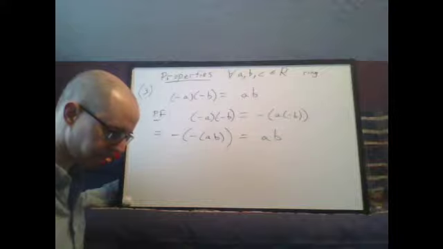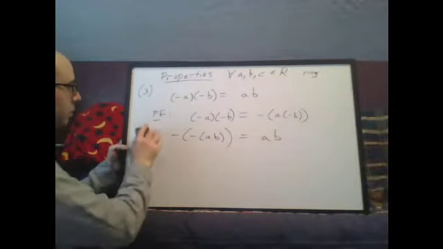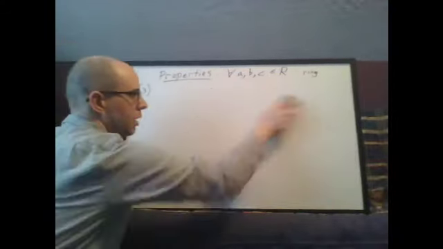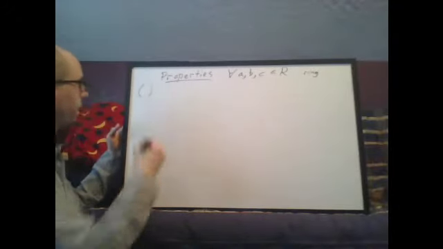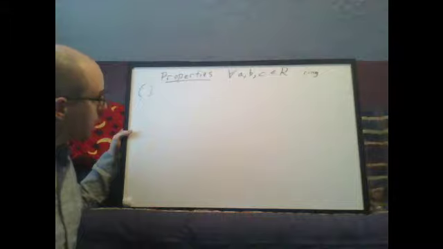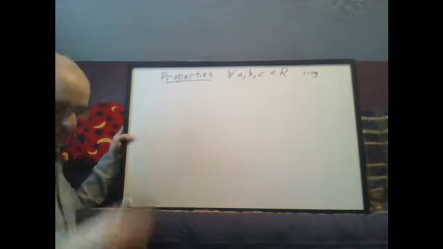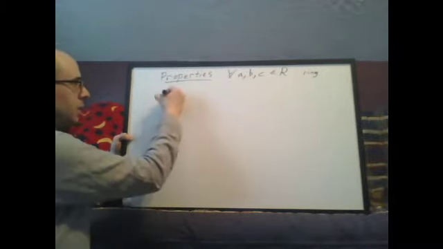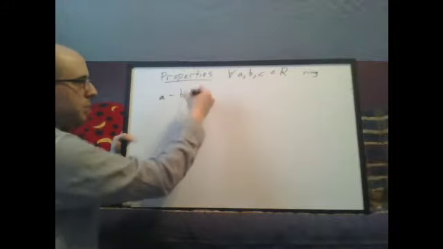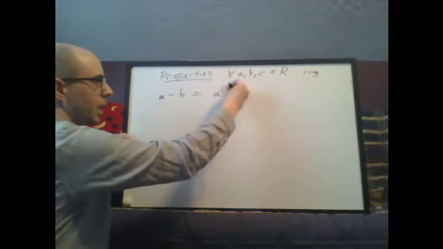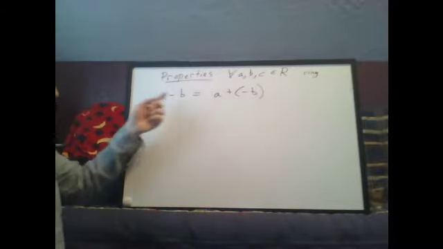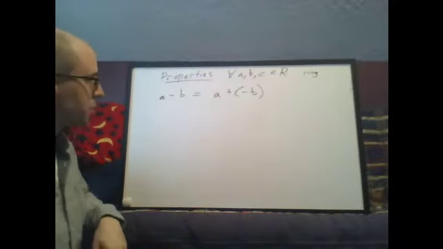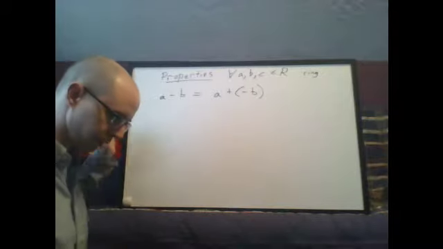I guess it's worth saying, because we're talking about these minus signs, that I mentioned this at some point earlier, but we have subtraction notation. A minus B means A plus negative B. So subtraction is just a shorter way of representing addition of an inverse.